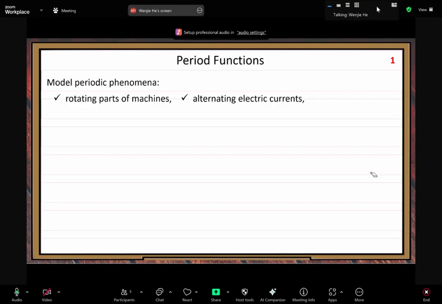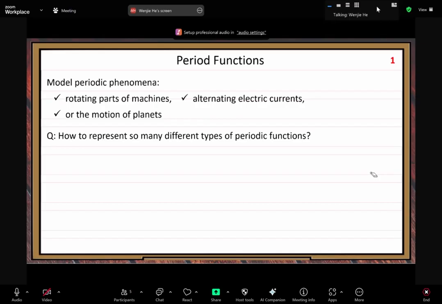Or the motion of planets, that kind of periodic phenomenon. So there are a lot of periodic phenomena, and we need to have a good representation.